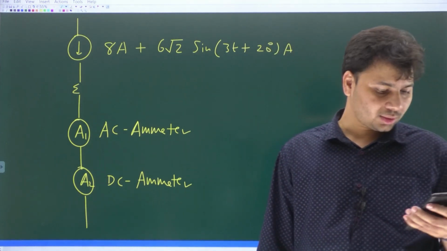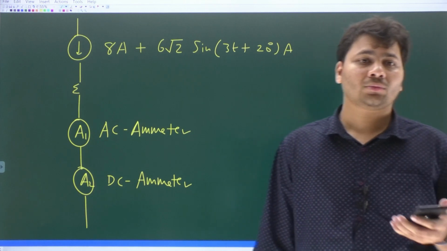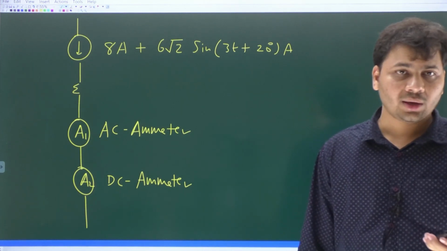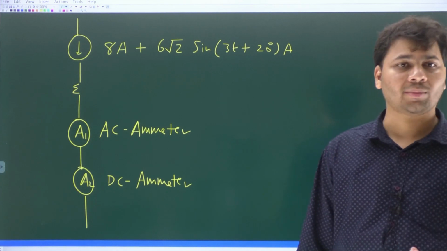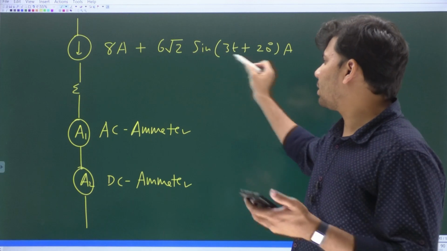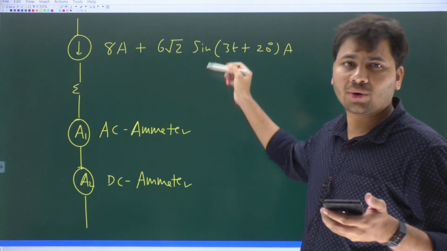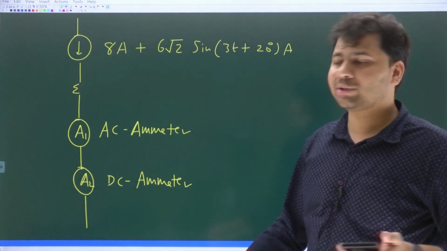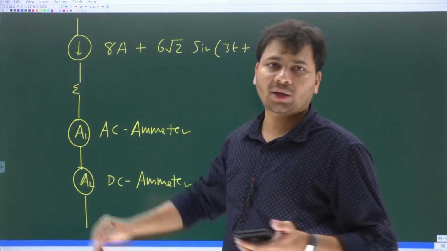A2 reads 8 amps, correct. Yes, the DC ammeter will definitely show a value of 8 amperes, because 8 amps is DC. The other component of the current is pure AC. For any pure AC quantity, the DC value is going to be 0. So for the first term, the DC is 8 amps.